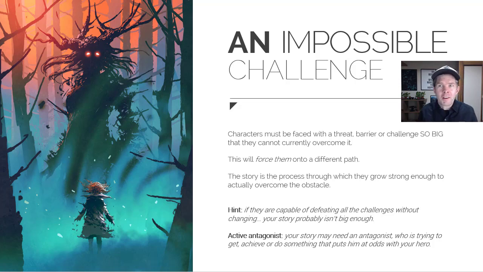And I'm not going to talk too much about the antagonist here, but since I'm on it already, there's a little note down here: your story may need an antagonist who's trying to get, achieve, or do something that puts him at odds with your hero. If possible, that huge obstacle, it could just be faceless forces, maybe it's earthquakes.